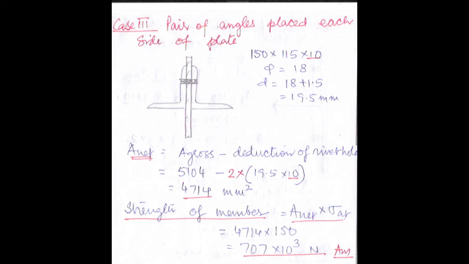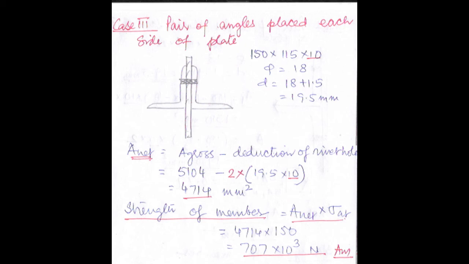Correct? For one angle, the value will be, what is the gross dia? 19.5. What is 10? 10 is the thickness. And this we multiply by 2 because there are both the angle sections. So this gives out to be 4714 millimeter square.